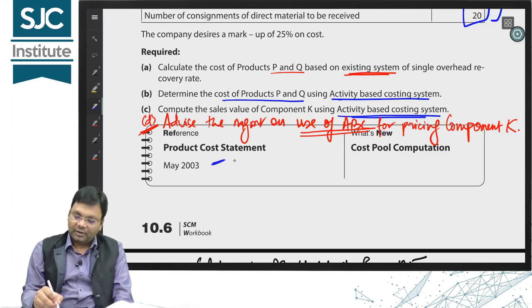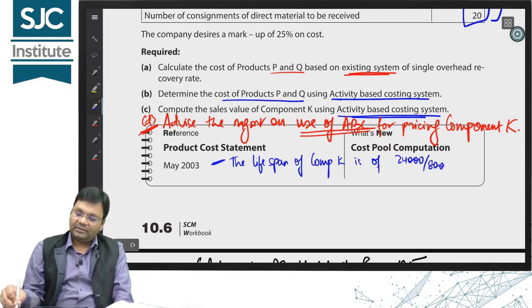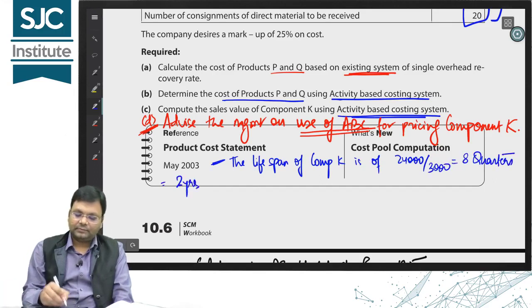You will say, the lifespan of component K is 24,000 by 3,000 is equal to 8 quarters, and it is equal to 2 years.